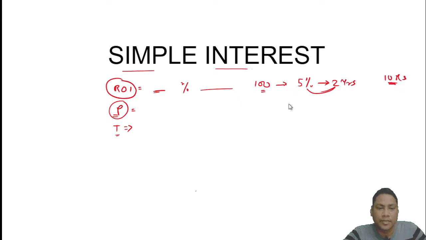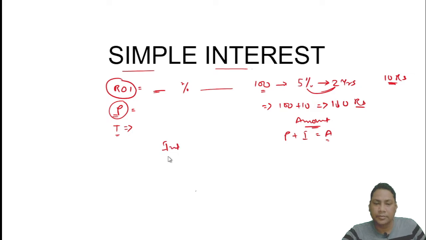So after all, we have to pay the lender an amount of 100 plus 10, that is 110. This is called amount. So amount consists of the principal plus interest.